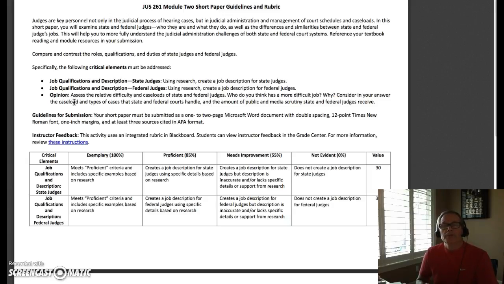And one of those was the district court judge in Washington State who temporarily halted President Trump's travel ban, the immigration travel ban. That just shows you the type of power that federal judges have in terms of the type of cases that they handle versus the type of cases that state judges might handle.